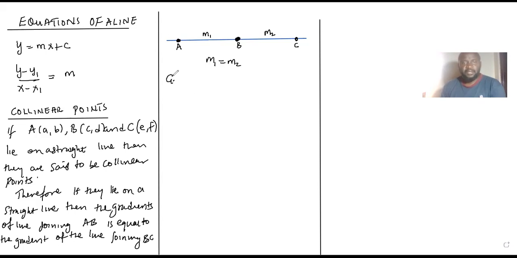So the gradient of AB should be equal to the gradient of BC.